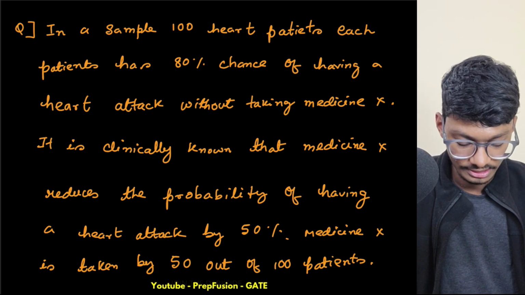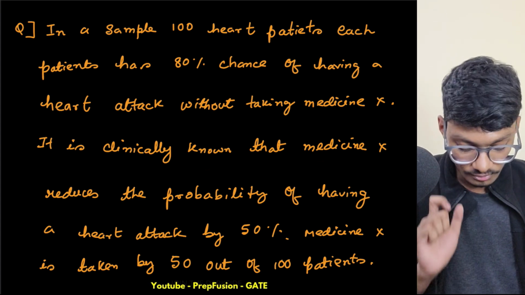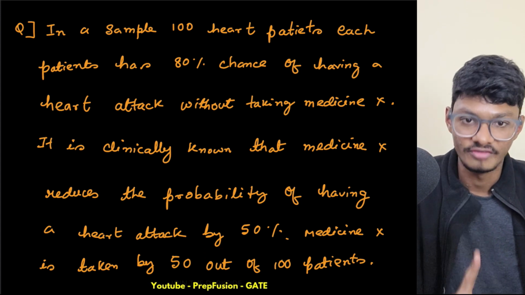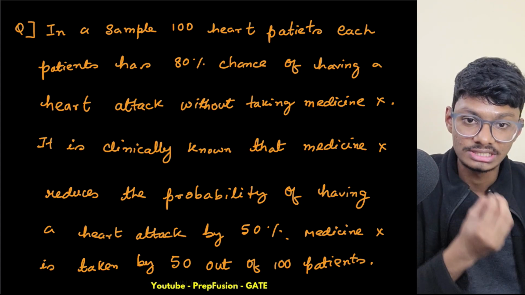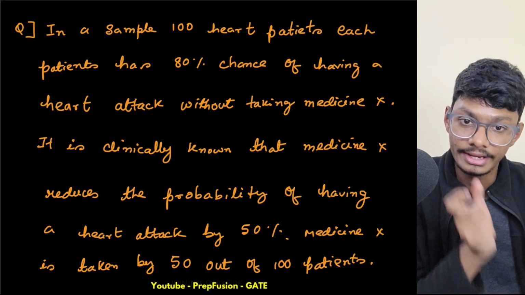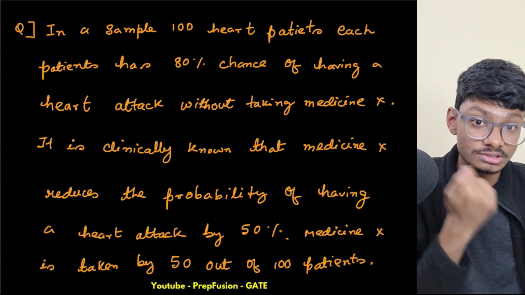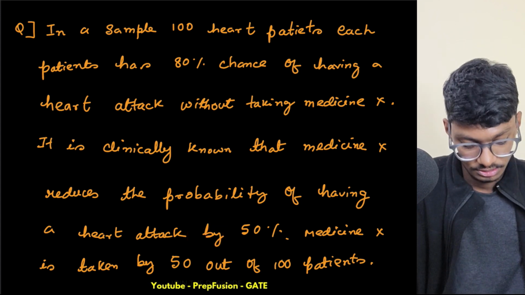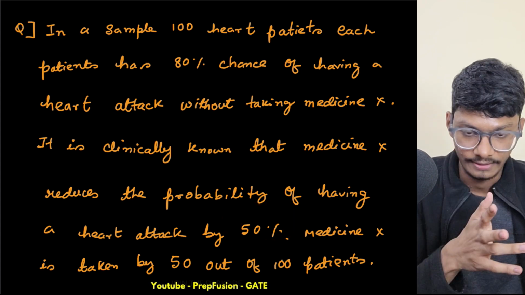They are telling us it is clinically known that medicine X reduces the probability of having a heart attack by 50%. If someone takes that medicine X, then it reduces his probability of having a heart attack by 50%. Reduces by, not to. By and to are different things. Now, if it reduces by 50%, what does that mean?